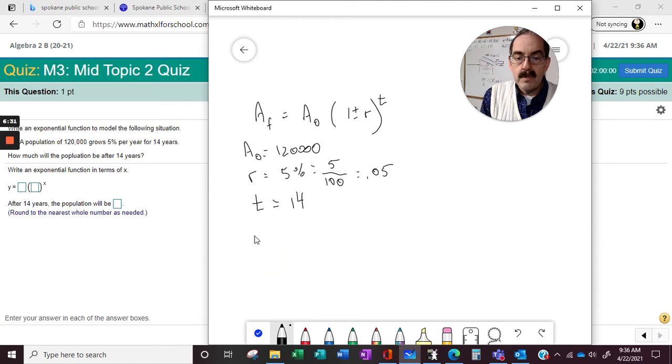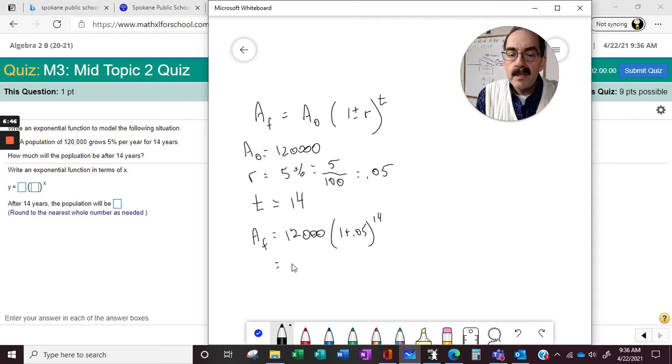Okay, so the final value is the start value grows, so 1 plus 0.05 for 14 years. So 120,000 times 1.05, we're going to put a T in there, okay?